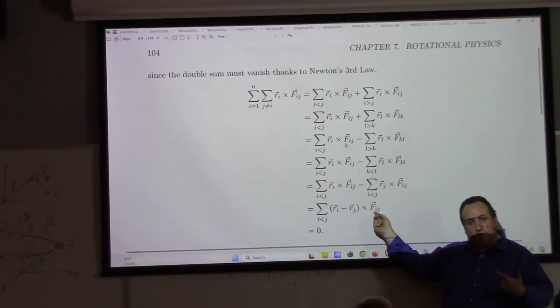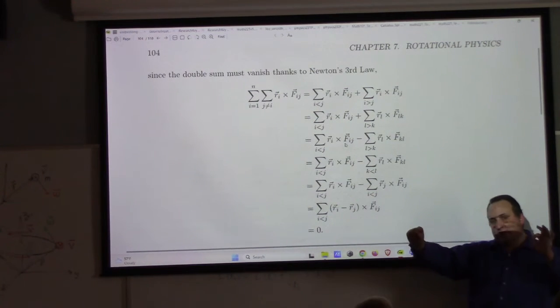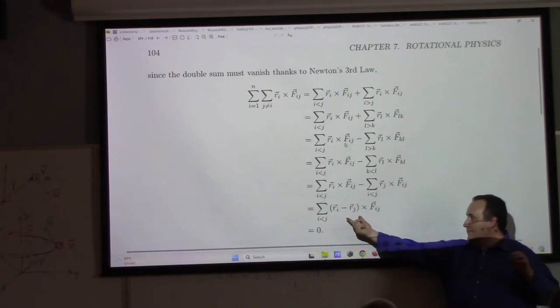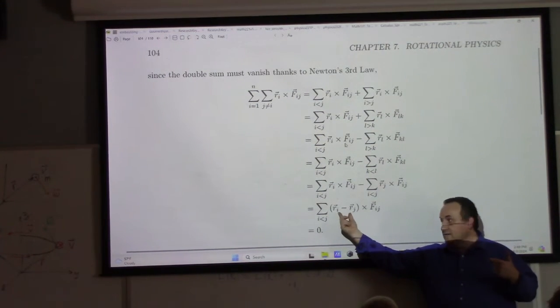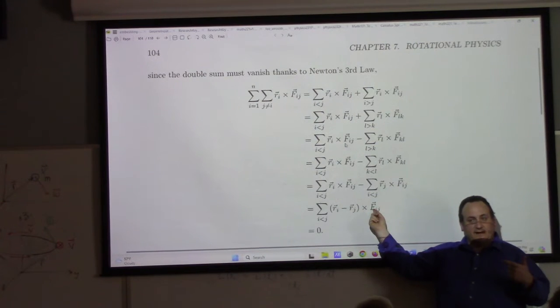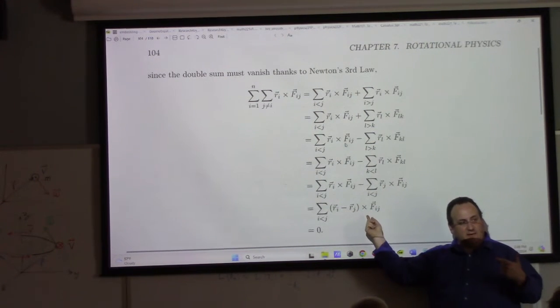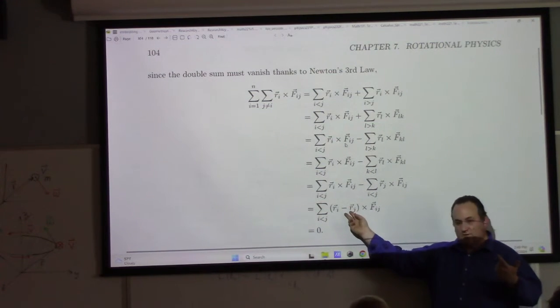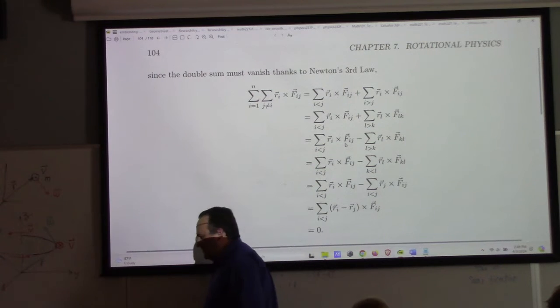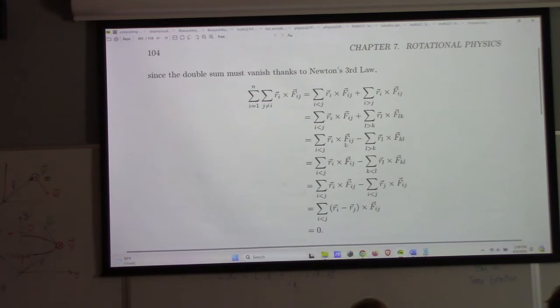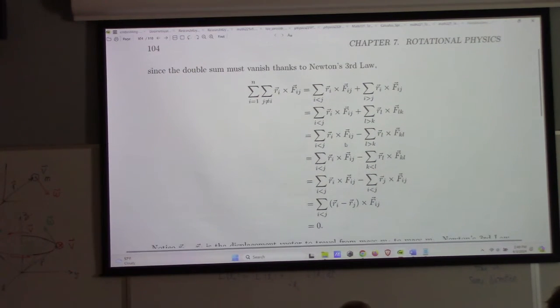It has to be directed along the line that connects the masses, right? So this is the displacement vector between mass i and mass j. That is in the same direction as this force. What's the cross product of a vector in the same direction with another vector in the same direction? It is 0. So we have a sum of 0, but 0, but 0. So there you go. That's why angular momentum is conserved for a system. You'll forgive me if I don't write all these things out.